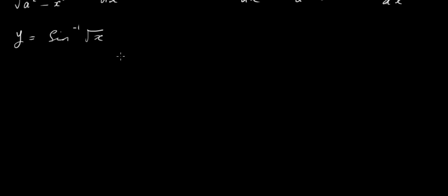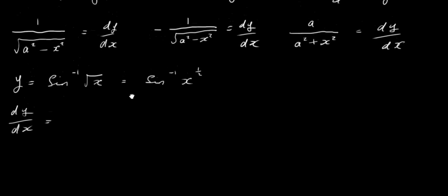Okay, so I'm just going to write this, by the way, as sine inverse, and it's x to the power of a half. The square root here is just x to the power of a half. So okay, so let's see, dy dx here is equal to, well, let's just apply the rule first of all. I'll just bring the rule down here.